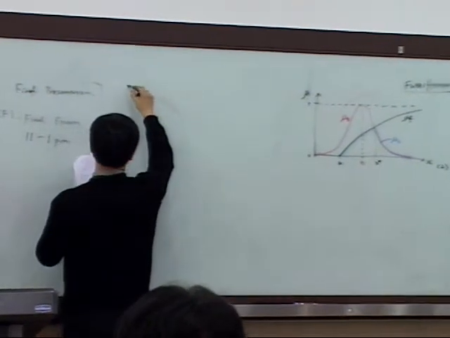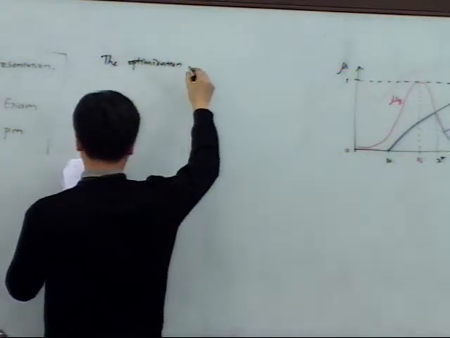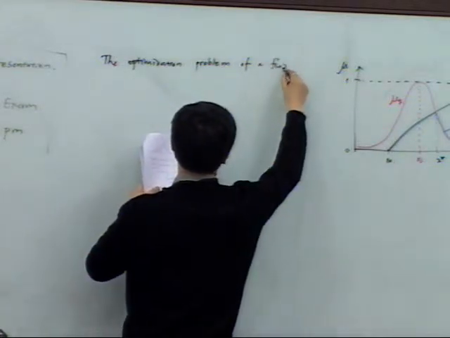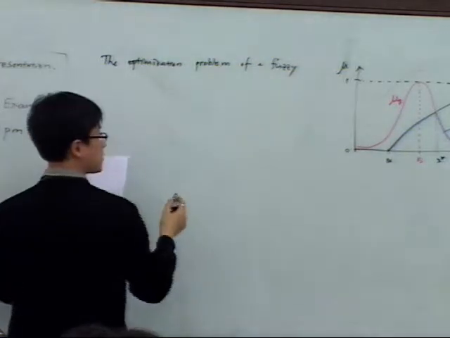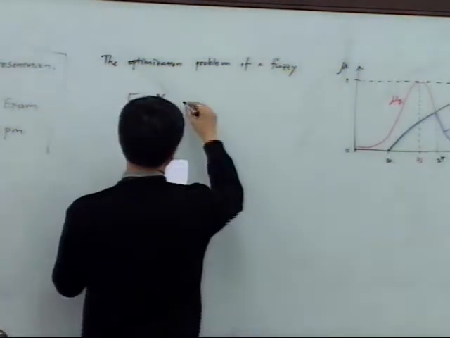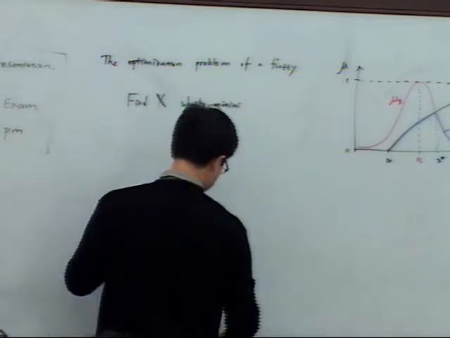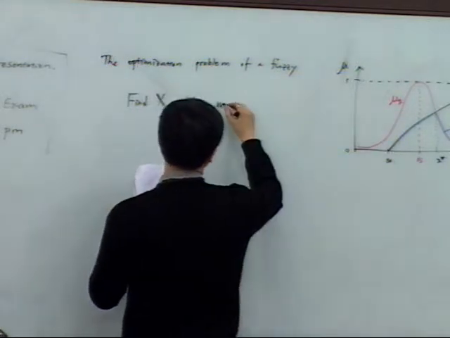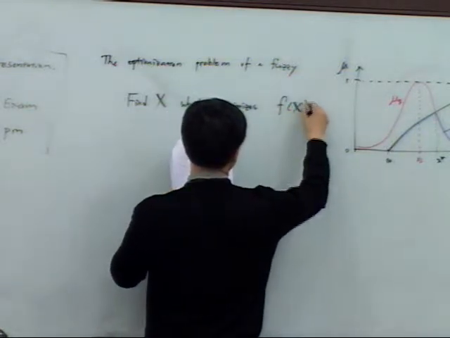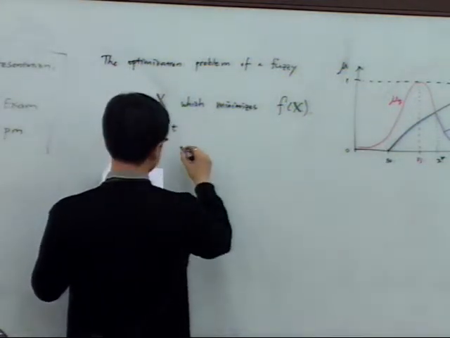Mathematically, it's simple. The optimization problem of a fuzzy system is given like: find large X which minimizes, okay, subject to.